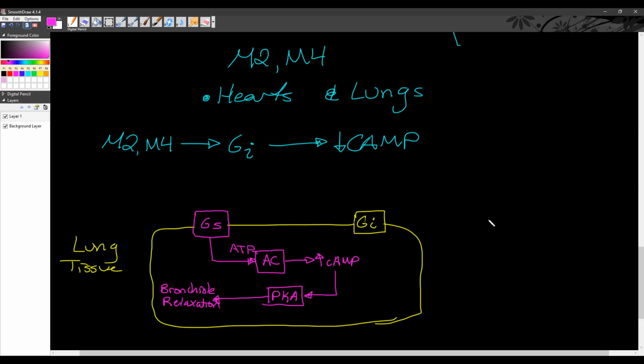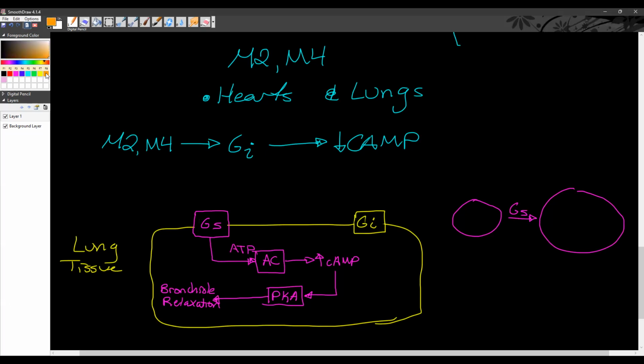So the effect of GS is that the diameter of the bronchiole increases. What would happen to your breathing? Would your breathing get easier or harder once GS is stimulated? Easier, right? Because the diameter of the airway is much, much larger.